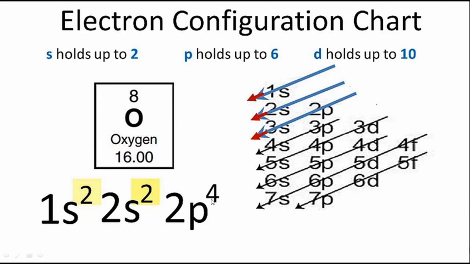Then it is completely filled. 1s2, 2s2, 2p6 means it filled 10 electrons, so completely filled. If it is 11 electrons, after this 2p6, which orbital should it go to? 1s, 2s, 2p, then 3s. It should go into the 3s. So for 11 electrons, the last electron will get into the 3s orbital.